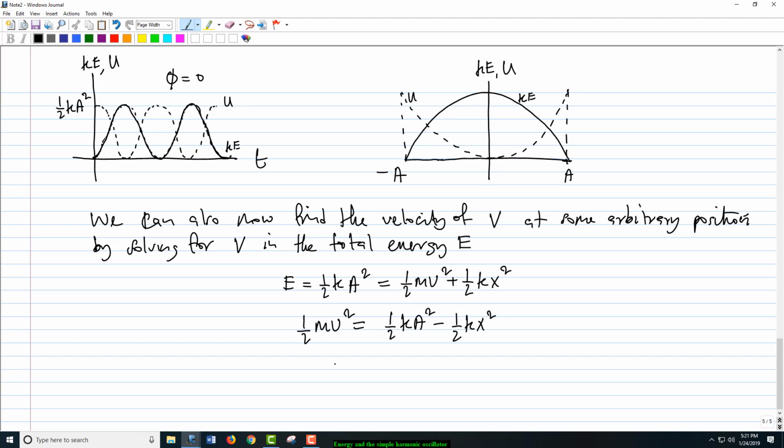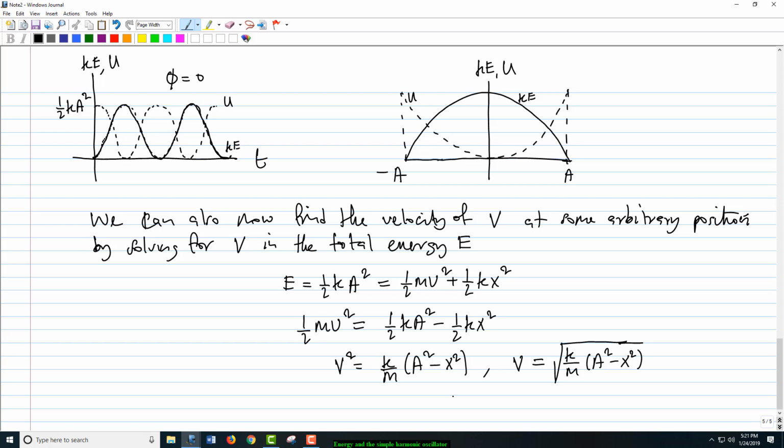You can remove the halves and divide by m, and you end up with v squared equals k over m times A squared minus x squared. Take the square root of that: v equals the square root of k divided by m times A squared minus x squared. This gives us the formula for the speed at some arbitrary point in the motion.